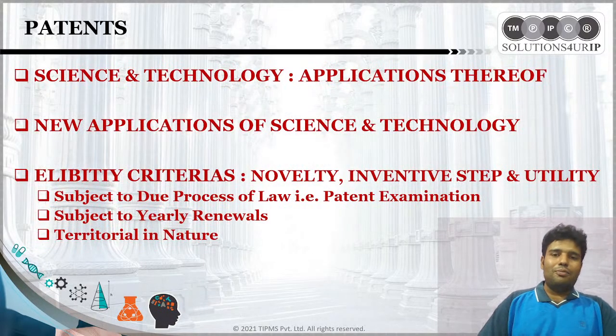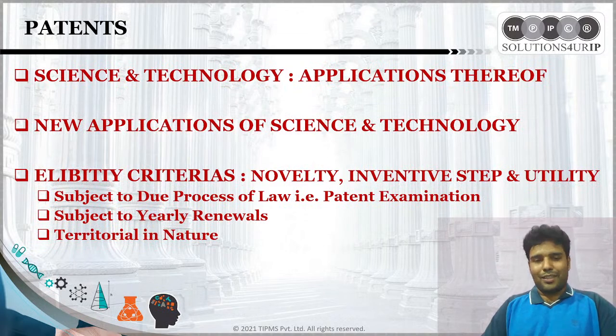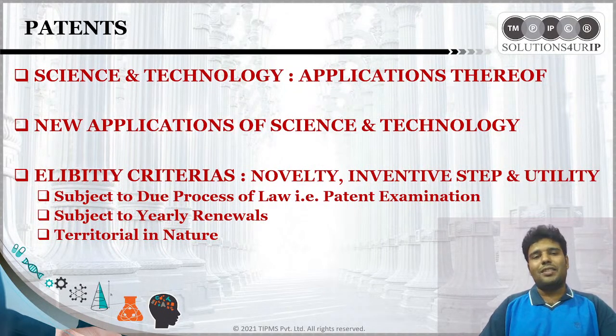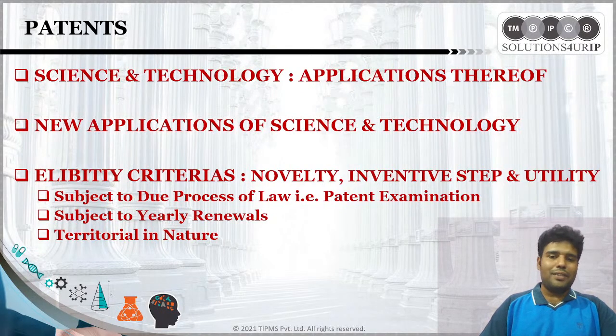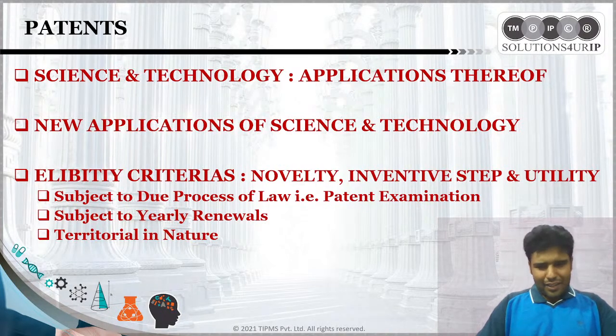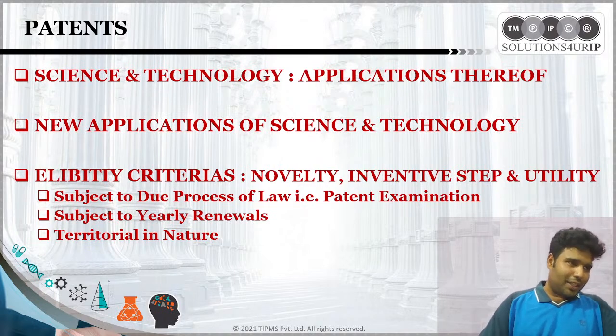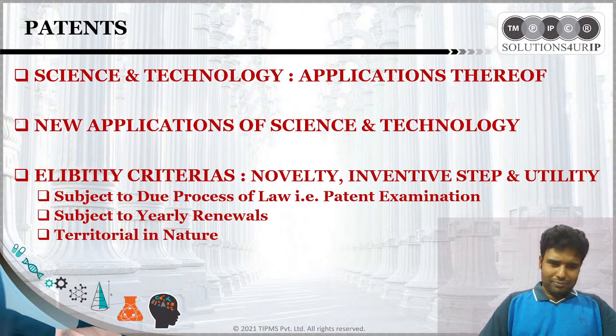Now, patents. What is the subject matter of patents? Applications of science and technology are the subject matter of patents. As I have already said, the eligibility criteria of patents are novelty, inventive step, and utility. I believe all of you present here might be knowing this. Novelty, inventive step, and utility.